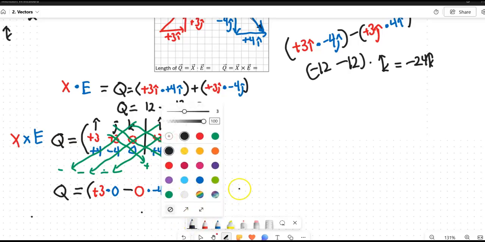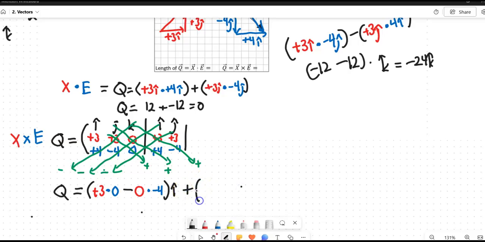Now let's go ahead and add the j portion. The j portion, we're starting out with red. So 0 times positive 4 minus the j portion, which will be positive 3 times 0. Finally, we got to put our little j portion on here.